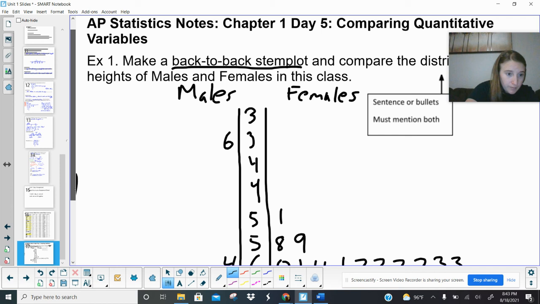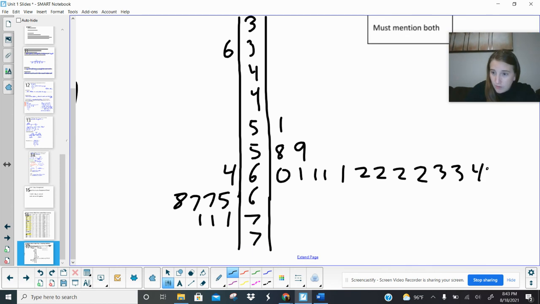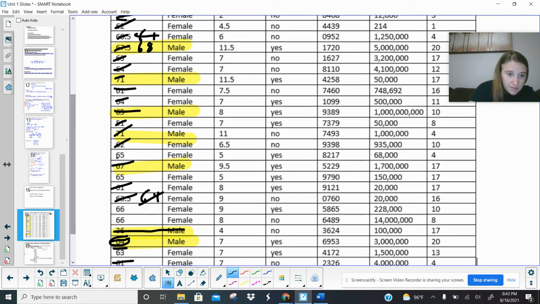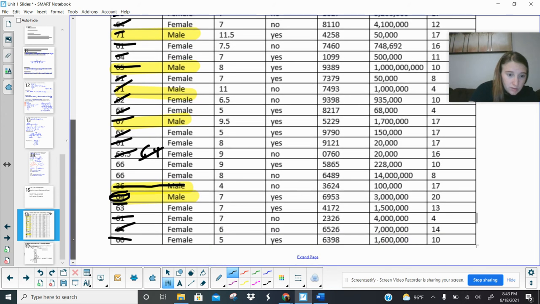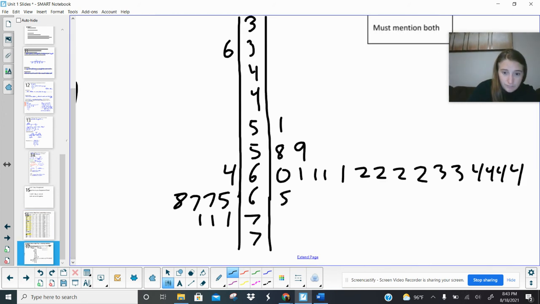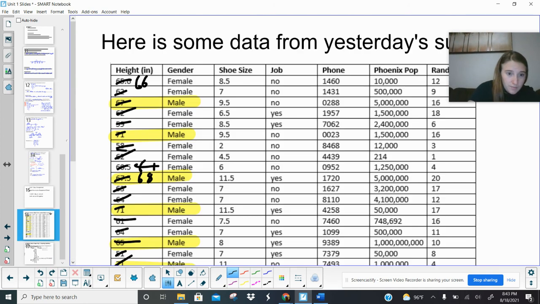Holy crap. I've got 4 65s. No wait, I got 2 65s.